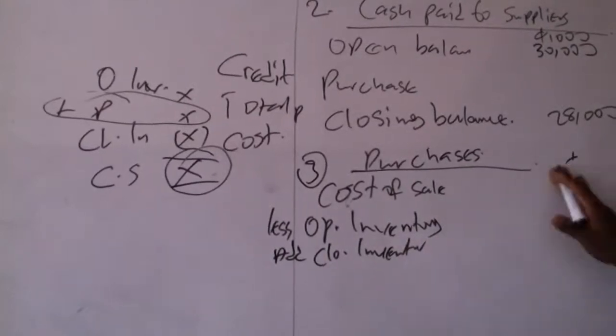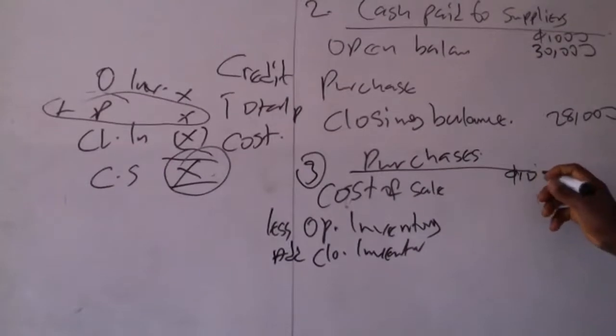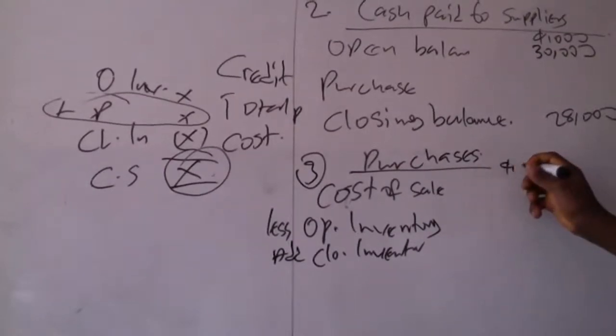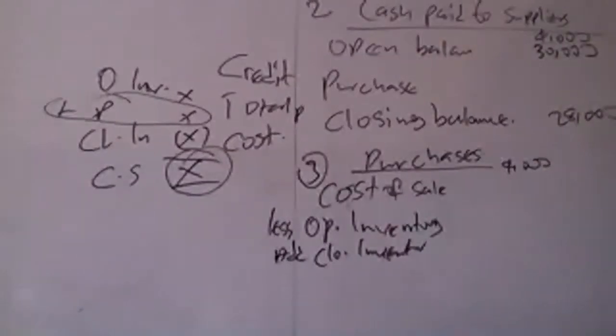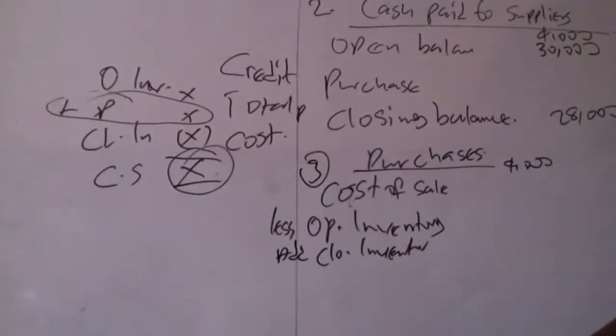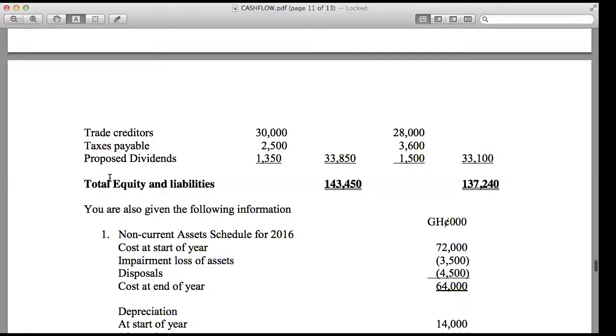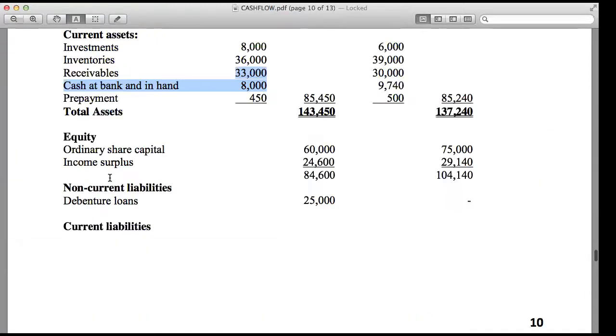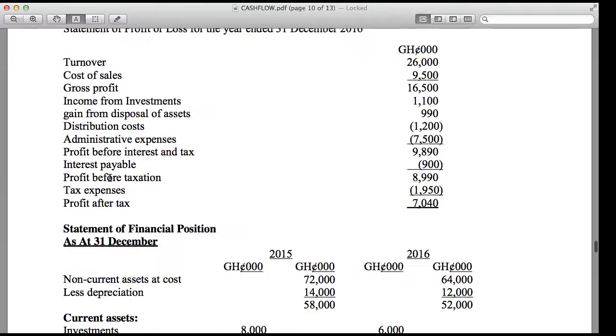So what's the cost of sales for this question? Let's go and pick it from the question. The cost of sales is what? 9,500. Good. So it will be 9,500. Open inventory. What is the open inventory? How will you get the open inventory for the years?